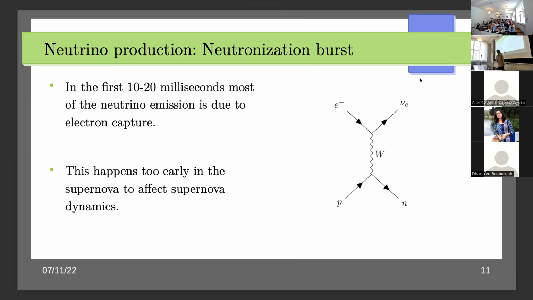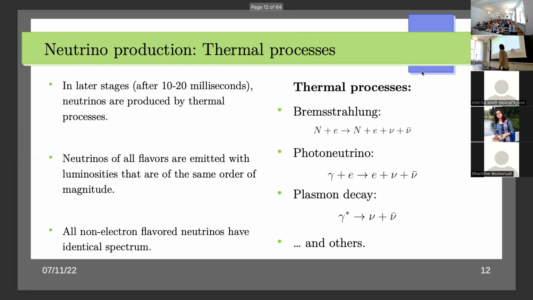In the first few tens of milliseconds, what happens is that when you have this collapse happening, the electrons combine with protons and in the process emit an electron neutrino. And that is why in the first few tens of milliseconds, you only have electron type neutrinos. But at later stages, thermal processes come into the picture.